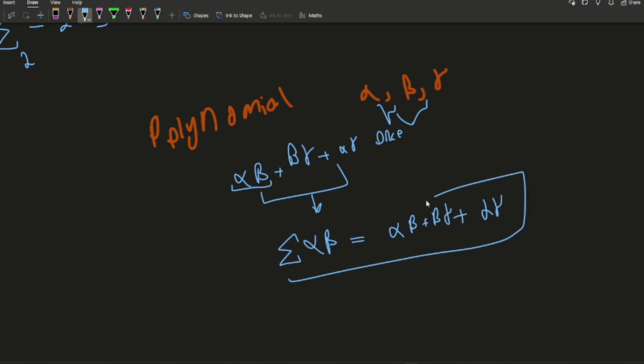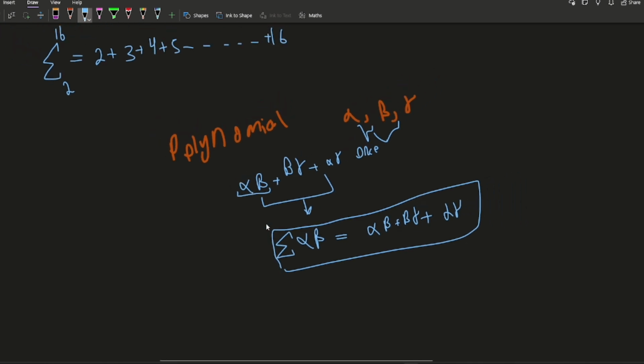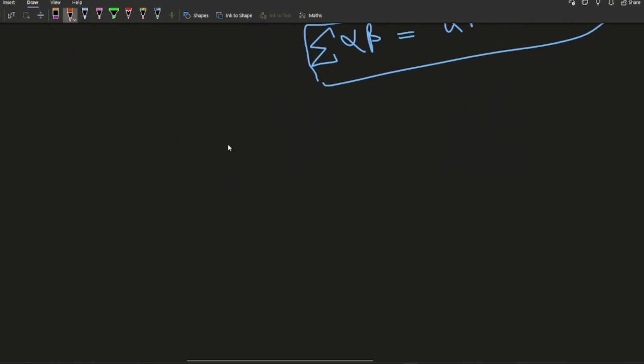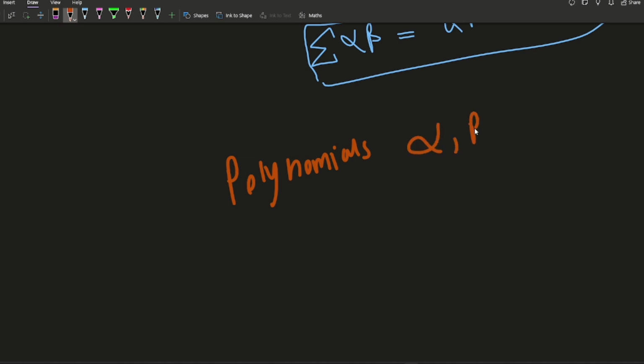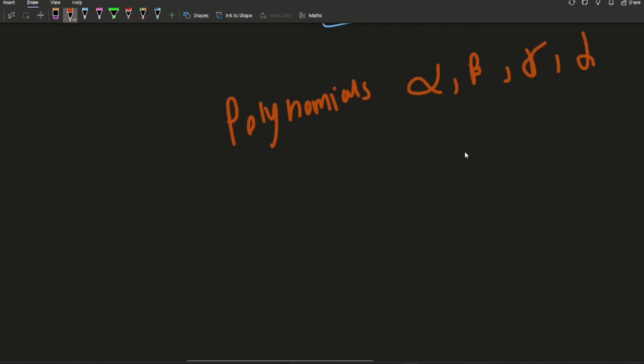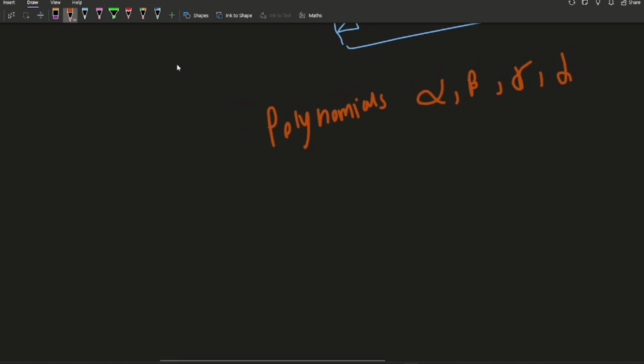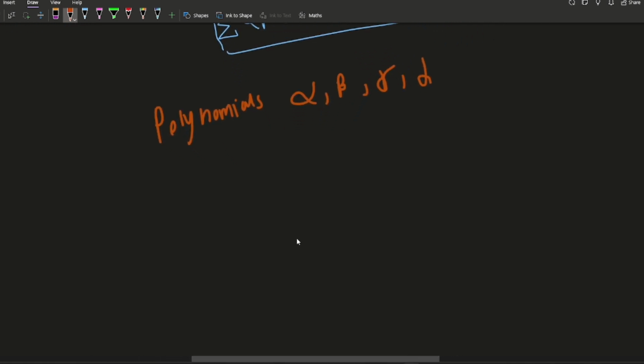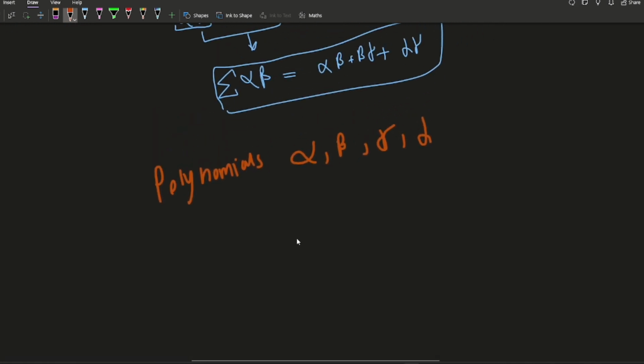Similarly, if we have a polynomial with four roots, which are alpha, beta, gamma, and delta, let's write the sum and the pairwise sum.